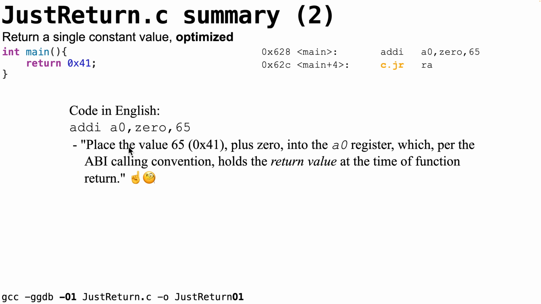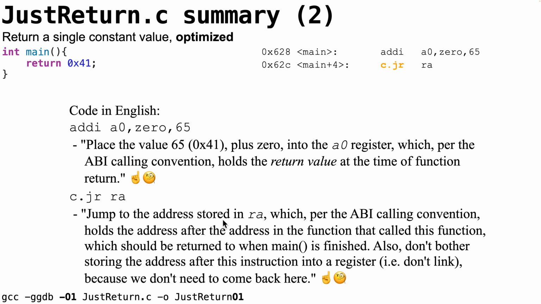And the special reason why it's choosing to use A0 is that per the ABI calling convention, A0 holds the return value at the time a function returns. So the original source code, 41 shall be returned back out of main. So when it returns back out of main, 41 better be in the return value. The return value is the A0 register. So then c.jr RA is jump to the address stored in RA, which is a special address per the ABI calling convention.